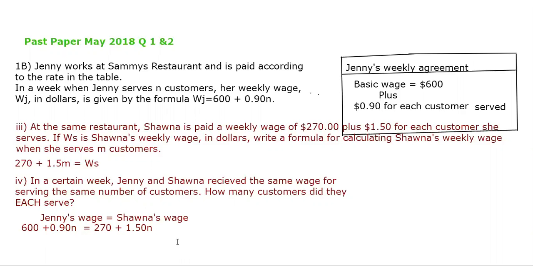Now we would then proceed to work this out, right? Now let us look at the equation. And let us observe the equation. Now, what is the main goal? To find out the same amount of customers, meaning that one number would be given. One number would be worked out. We would get only one number. So therefore, in order to work out this equation, we would have to put the like terms together, right?